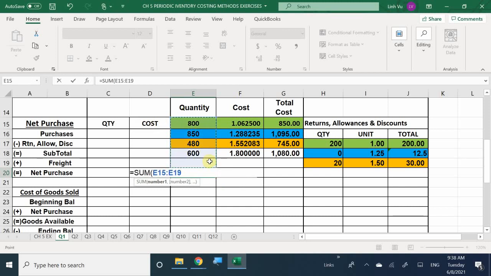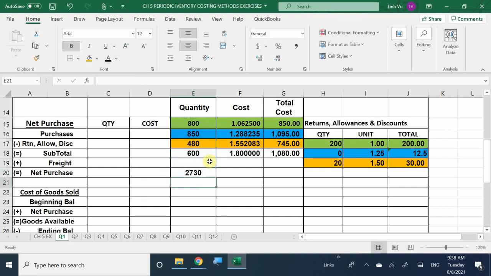What is my total quantity here? I got 2,730. Oh no, I'm sorry. Yep, that's correct. Yes, good. And then since I have new total costs, what's the overall goods available total column right here? I got 3,770. Good.